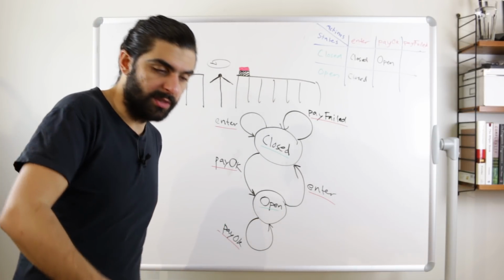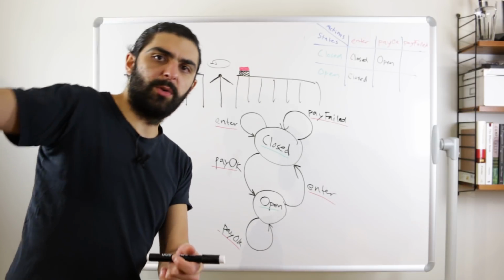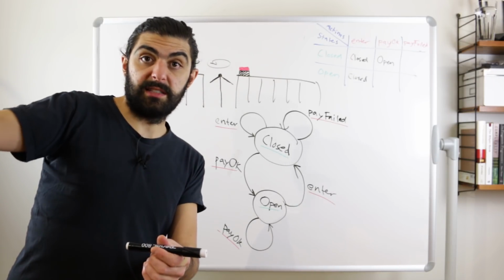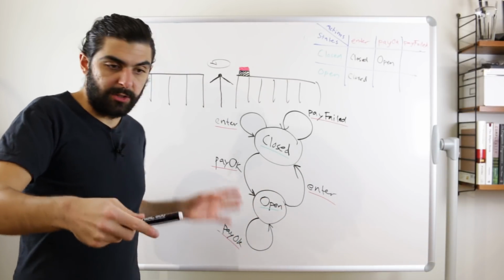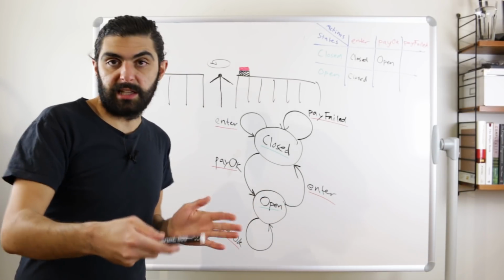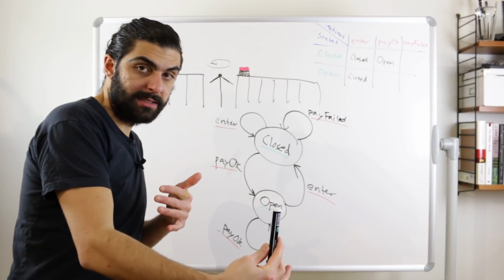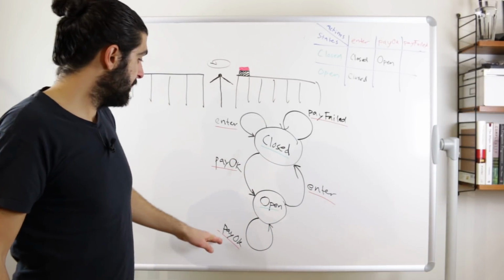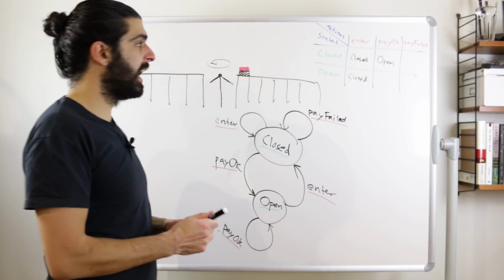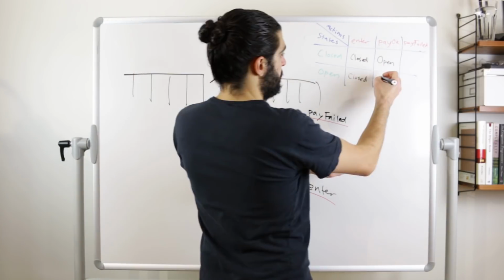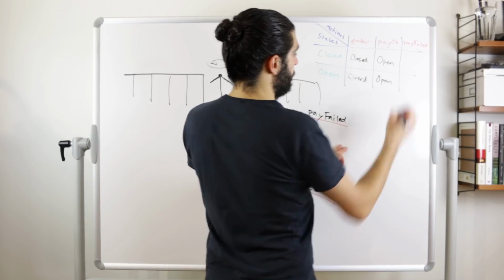If somebody tries to double pay, or if there's an error with the service that sends us payment okay and payment failed messages, then we shouldn't suddenly punish the user for that. The turnstile should remain open until somebody passes through. So that means that if the state is open and we receive the message pay OK, we should remain open. So the result here is open.